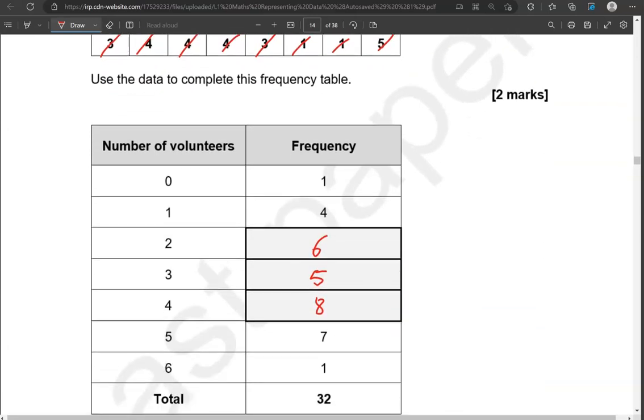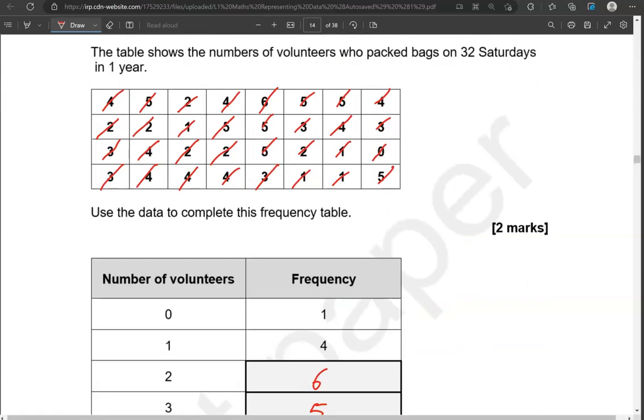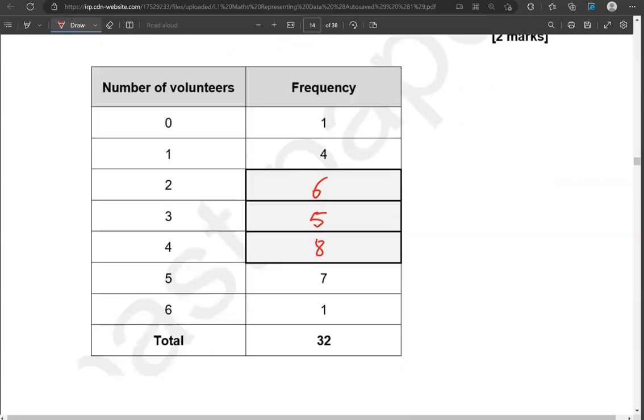And we've got the total as well, which is 32. Do we have 32 numbers here? 1, 2, 3, 4, 5, 6, 7, 8 times 1, 2, 3, 4, so that is 32 in total. And if we add these numbers, the frequencies, the total should be 32.